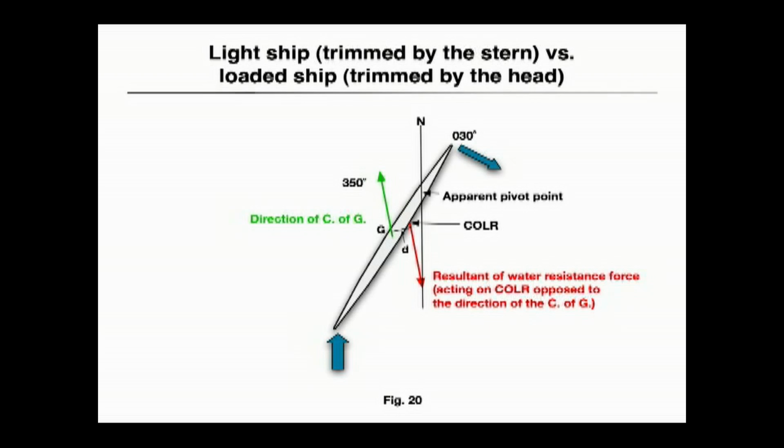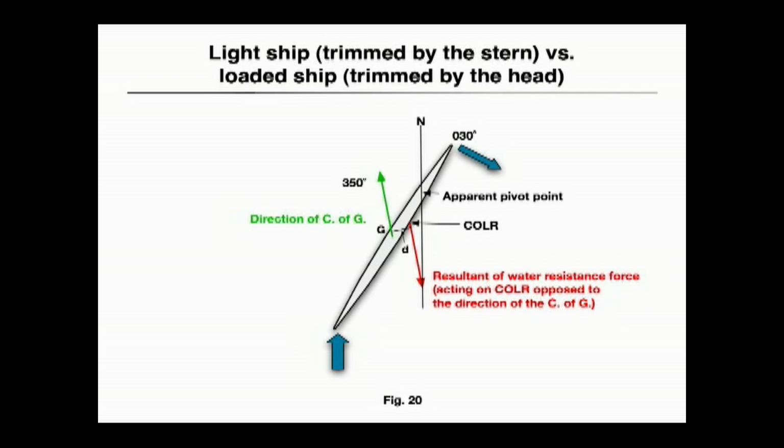But this short arm lever is overcome by the small inertia of rotation of the light ship. Less mass to control, therefore quicker reaction, for approximately the same steering power. On loaded ships, the larger inertia of rotation, even if the rudder to center of lateral resistance arm lever is longer, makes the ship slower to react.